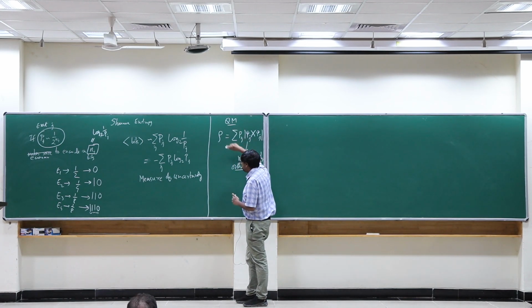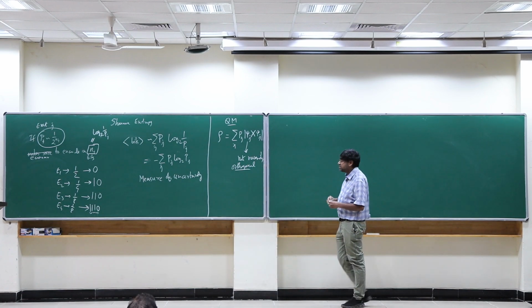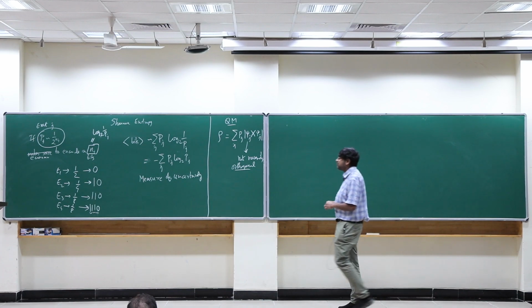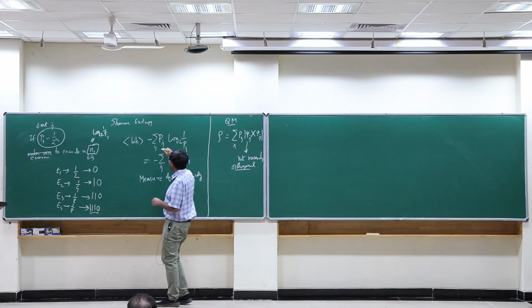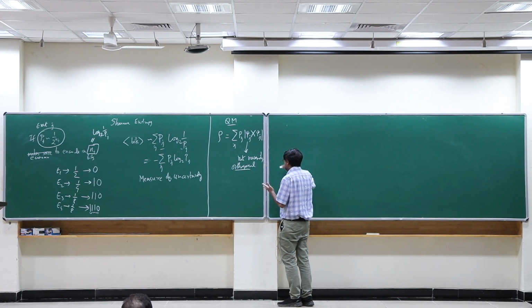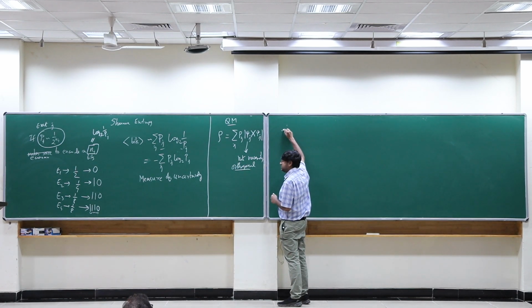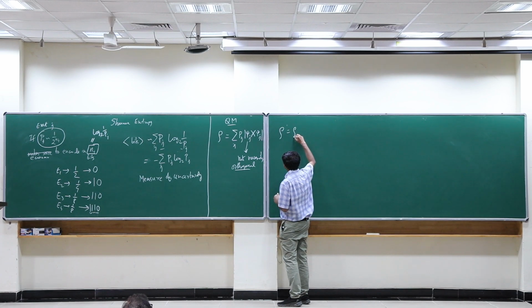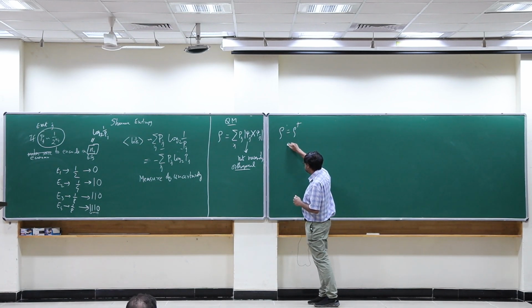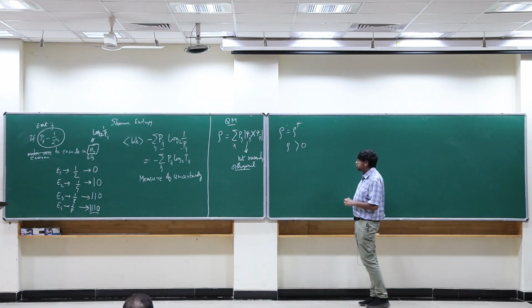Now, some properties of the density matrix make our task very easy, because of some convenient properties. We know the density matrix is Hermitian, with positive eigenvalues. So what does that mean?